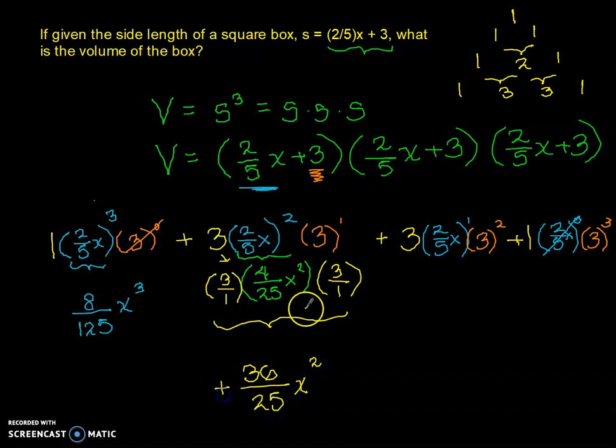It's positive. That 8 over 125 x to the third power, that was being multiplied by 1. Nothing happens to that, so I'm just going to bring that down. And then 2 over 5 x to the first power. Well, if I raise it to the first power, nothing happens, so I'm going to bring that down. 3 to the second power gives me 9, which in fraction form is 9 over 1.